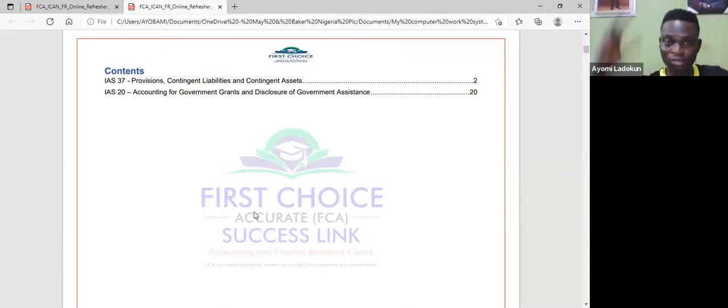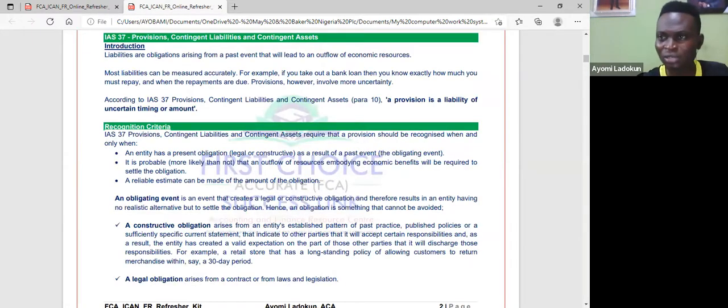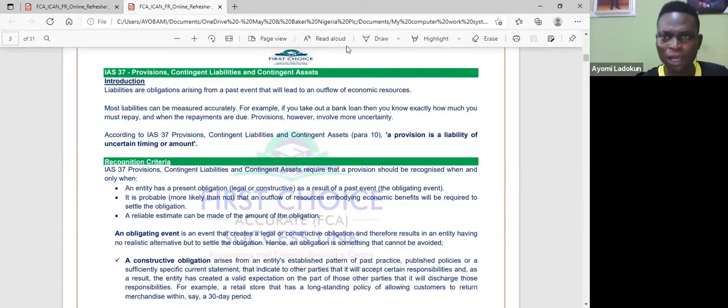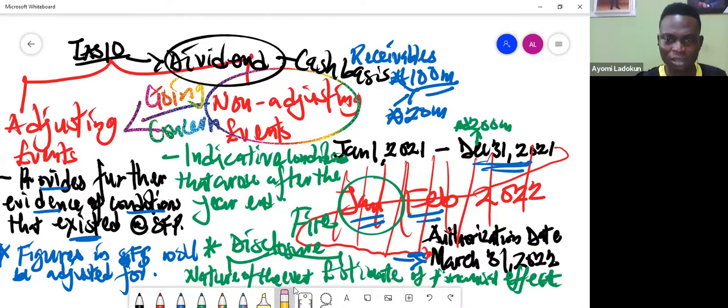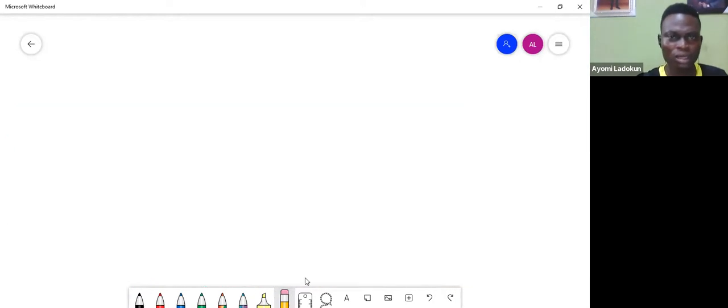I'll just do a table for you to see the differences and how the examiner can pick you up on that. So let's take a look at provisions, contingent liabilities, and contingent assets. As usual, let me go to the boardroom so that I can use that to explain the whole of IAS37, and come back there to pick one or two questions that we can solve.